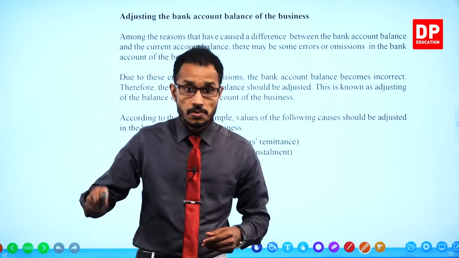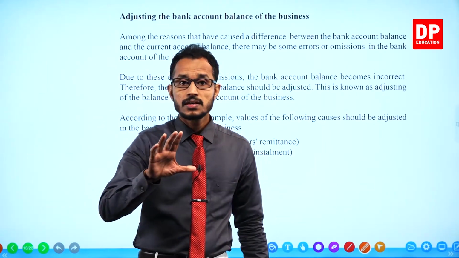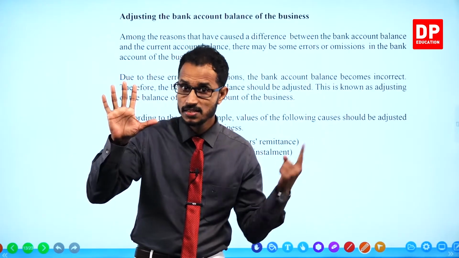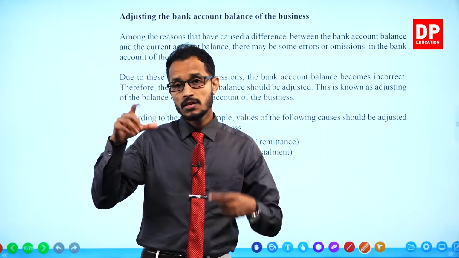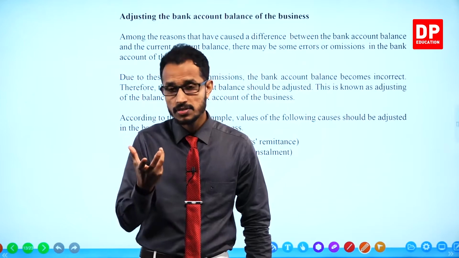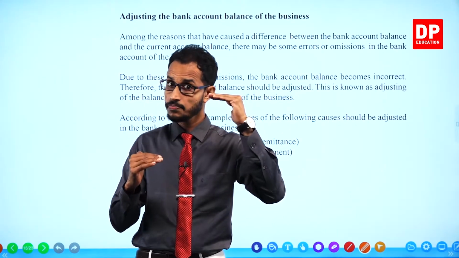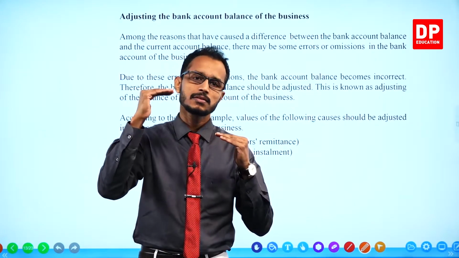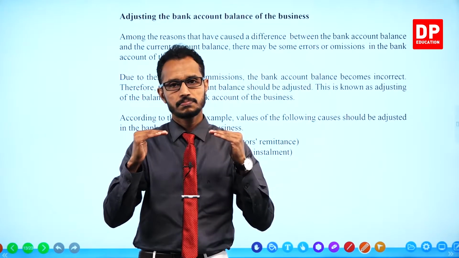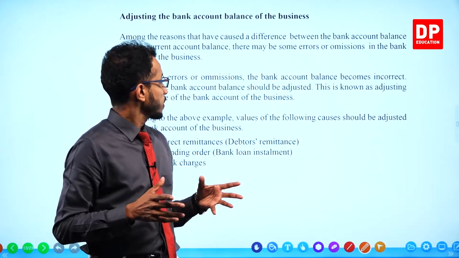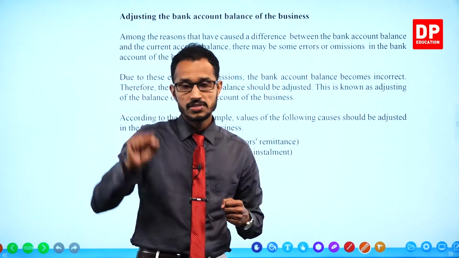Children, in the previous session we studied the five reasons that create a difference in the balances of our bank account and the bank statement. All right, I hope you remember. We discussed the five reasons.